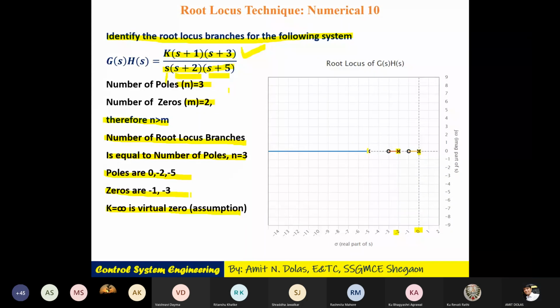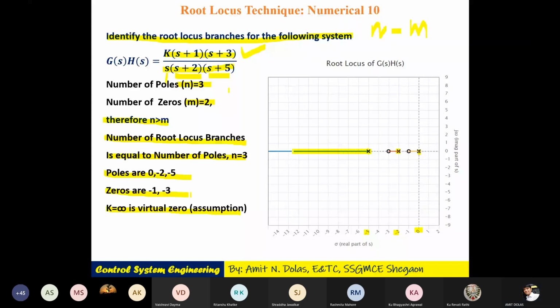Now here, how many branches will there be? There are 3 poles, so branches will be 3. How many branches will terminate at infinity? That will be equal to n minus m. So n is 3 and m is 2, so only one branch you can see, from minus 5 towards infinity, shown in color.